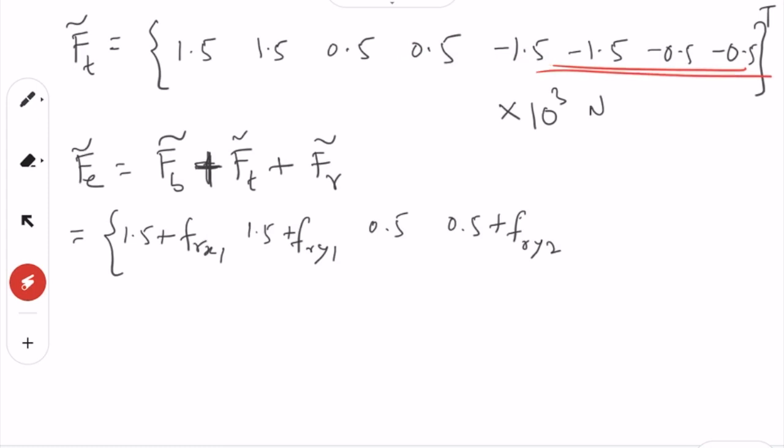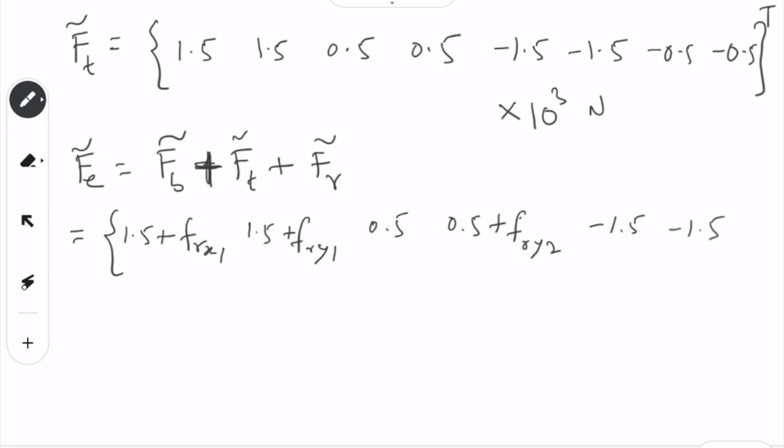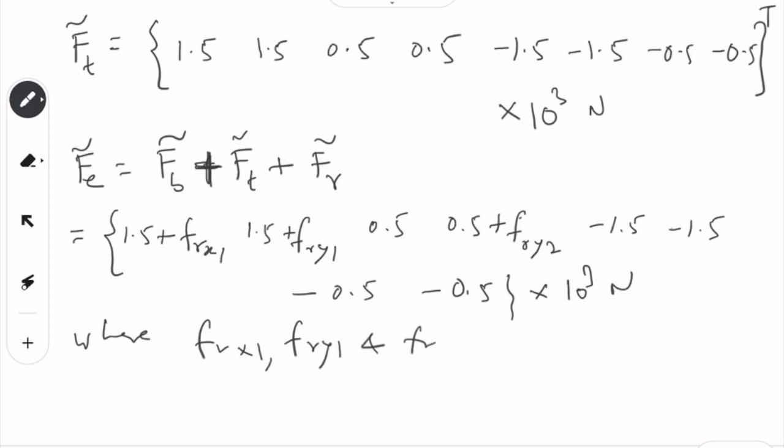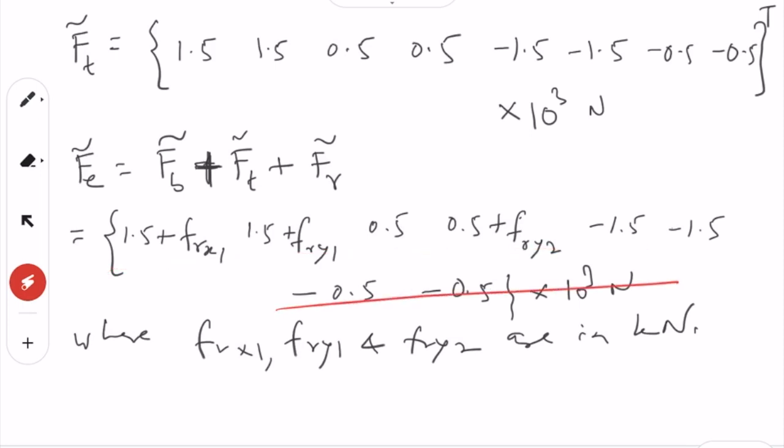Now we can write exactly like this one: minus 1.5, minus 1.5, minus 0.5, minus 0.5, multiplied by 10 to the power 3 newtons. We have written Fr x1, Fr y1 and Fr y2 in kilonewton. Whatever value you get, these are in kilonewton only. So this is what your force vector is.